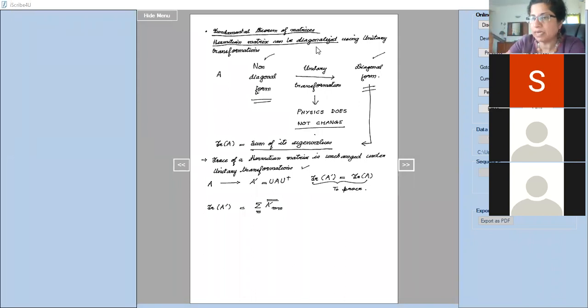So A prime 1 1 plus A prime 2 2 plus A prime 3 3, like that. But we know what A prime is, so we write down summation over M, (U dagger A U) MM.